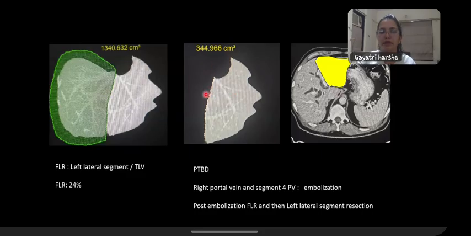So in this particular case, portal vein embolization of right portal vein as well as segment 4 portal vein branch was decided, and decided to do again a CT volumetry study for FLR and for the left lateral resection.